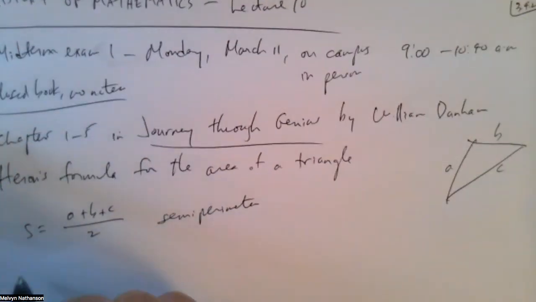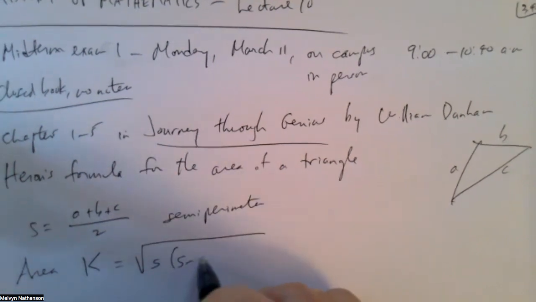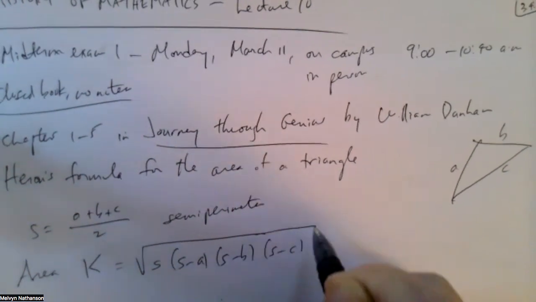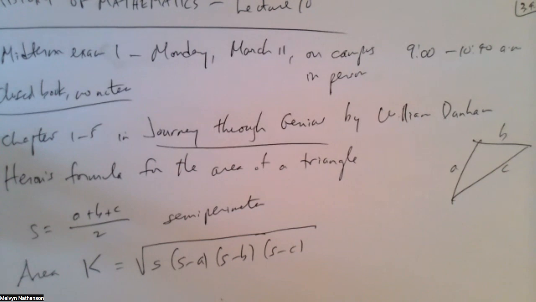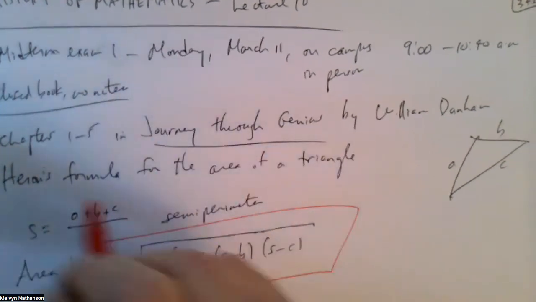And the formula says that the area, which the book is denoting by K, is the square root of S times S minus A, S minus B, S minus C. So this is Heron's formula.